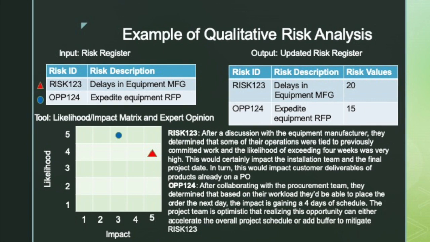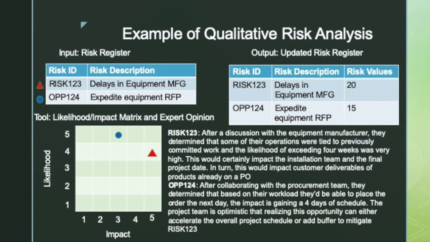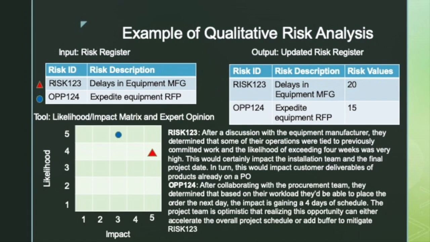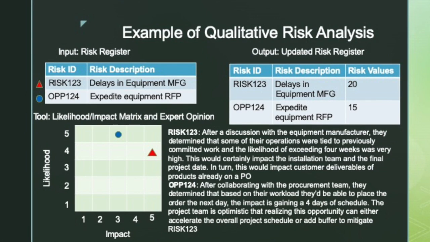The tools that we will use for qualitative risk analysis are the likelihood impact matrix and expert opinion. Before we're able to populate the likelihood impact matrix, let's take a look at some of the expert opinions.